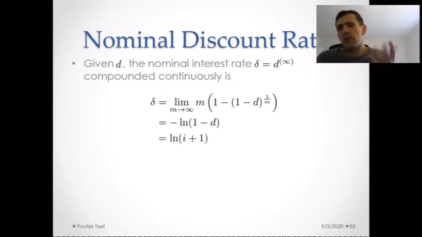So we get a cute, interesting formula here: discount compounded continuously is the same as interest compounded continuously. It's the same formula. Delta is ln of i plus 1. This is not a terribly deep fact, but it's a curious little fact.